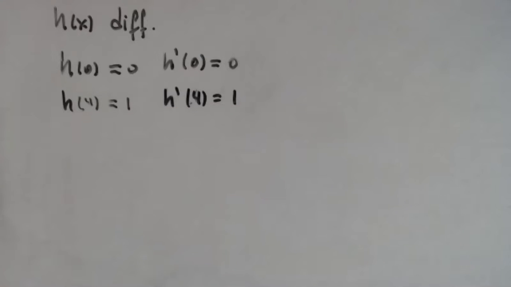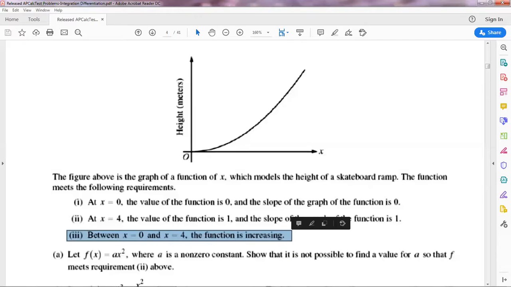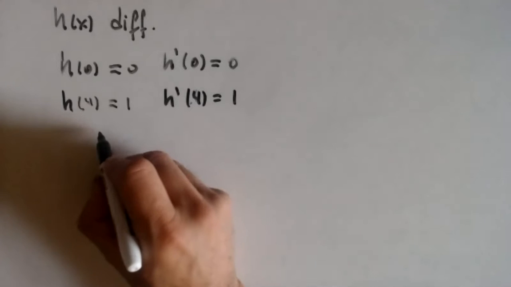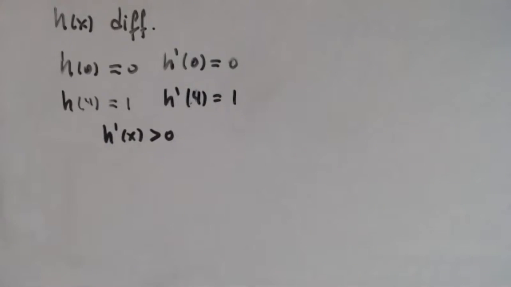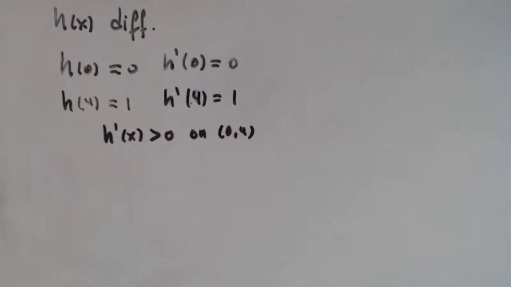Okay, the next portion is this one. Between x equals 0 and x equals 4, the function is increasing. So what do you mean the function is increasing? This is h prime of x positive on (0, 4).